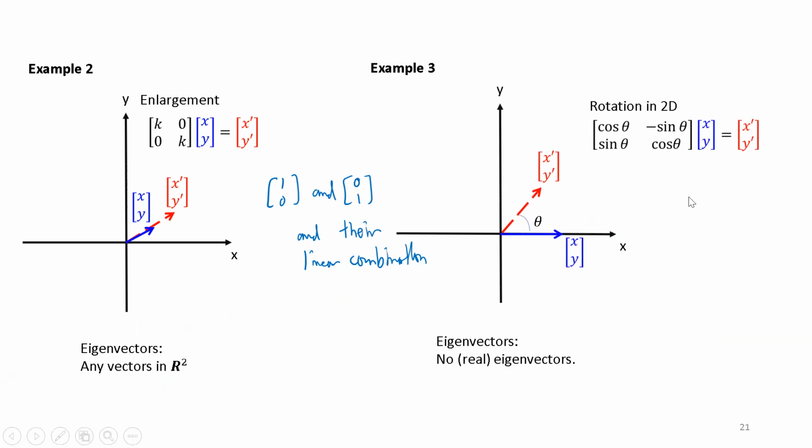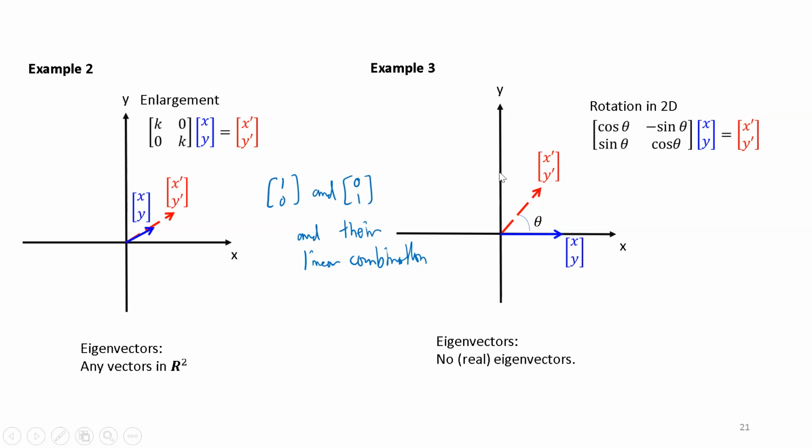Example 3 is the case where I don't have any eigenvector. Just think of rotation. Whenever you put in a vector, it doesn't matter where it points to, after rotation its direction has to change.